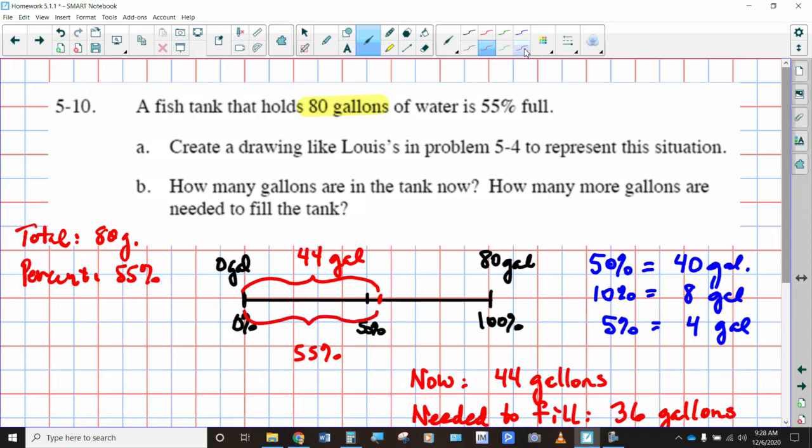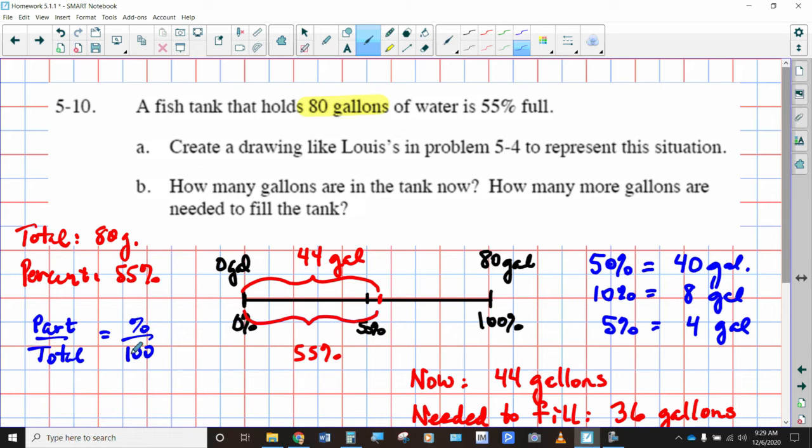So if we take our percent proportion, which says the part over the total, the total always goes on the bottom, is equal to the percent out of 100. Just keep in mind, 100% is like maximum. That's the total.